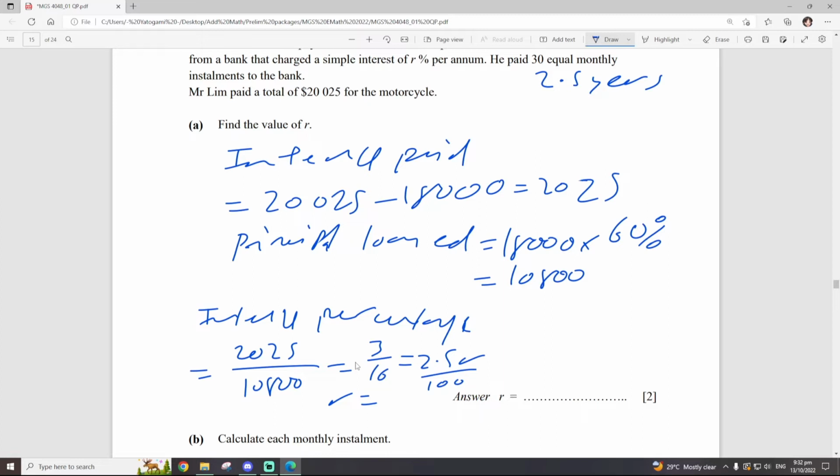So R is this divided by 2.5 times 100, which is 7.5. Okay, so you will get 7.5%. Find the value of R, not R%.